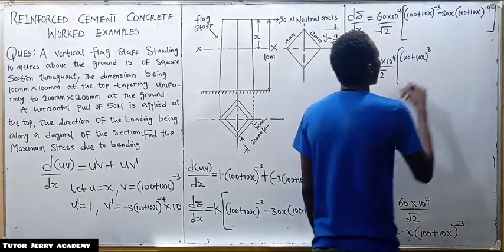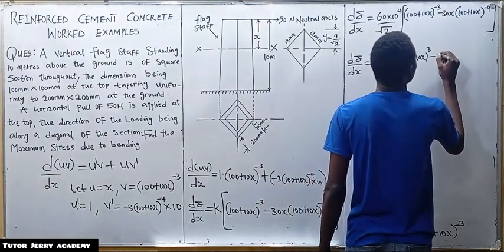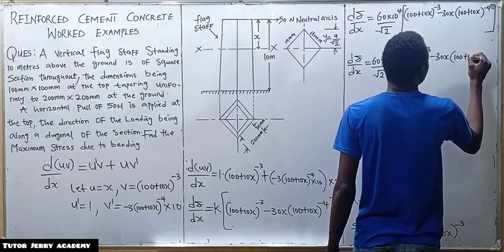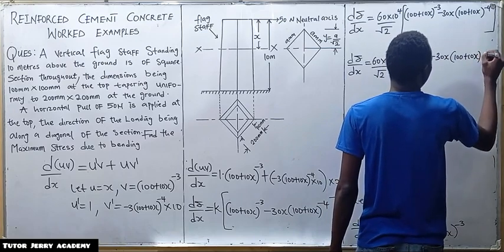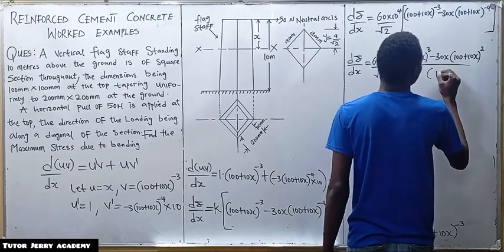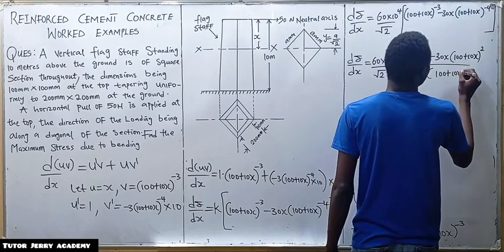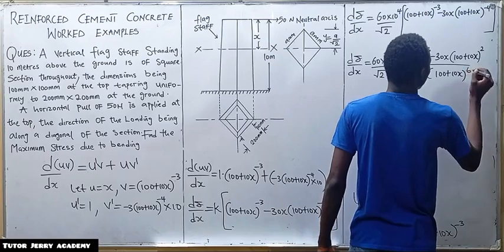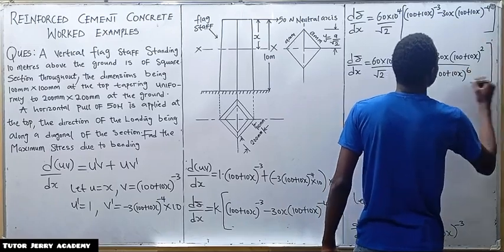So we have minus 30x into 100 plus 10x, close bracket. This will be all over 100 plus 10x all to the power of 6. So this is what we have.